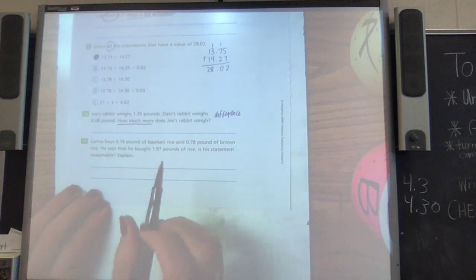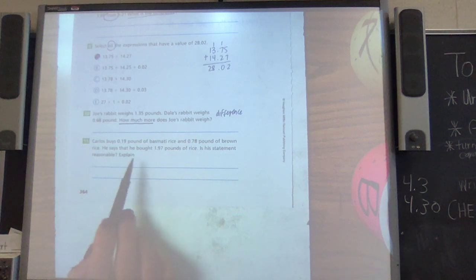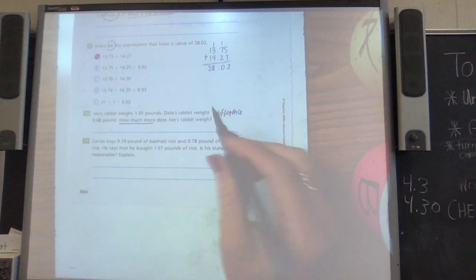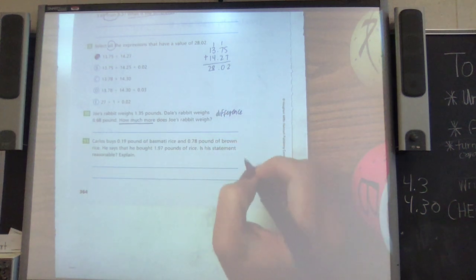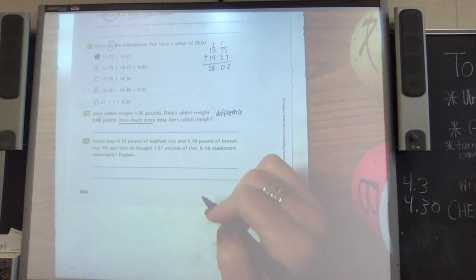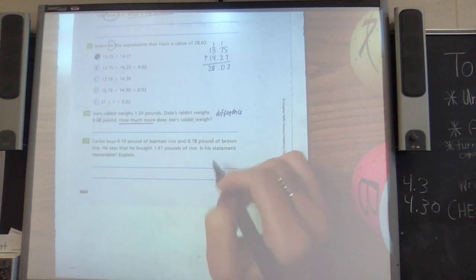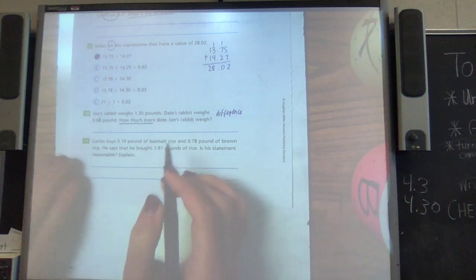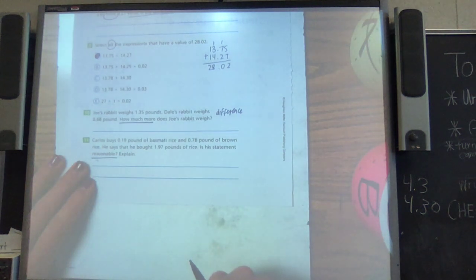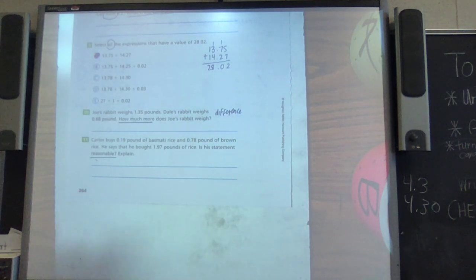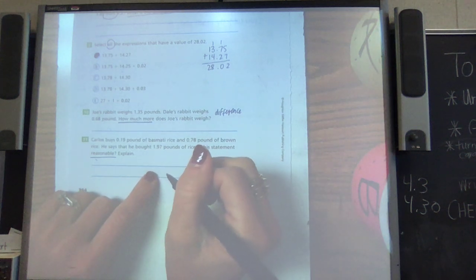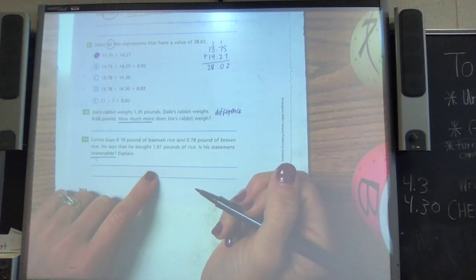Then it says Carlos buys 19 hundredths pound of basmati rice and 78 hundredths pounds of brown rice. He says he bought 1 and 97 hundredths. Is his statement reasonable? So this doesn't really ask you to answer. It just says, does his answer make sense, or is it reasonable?